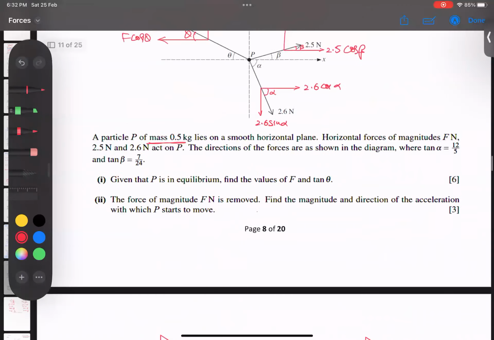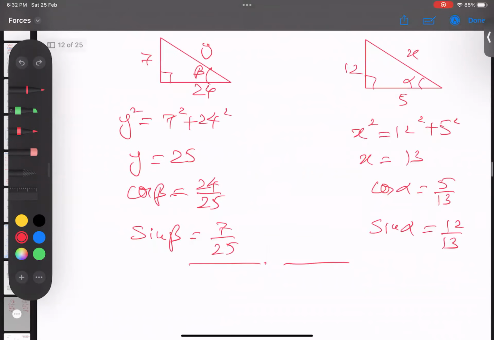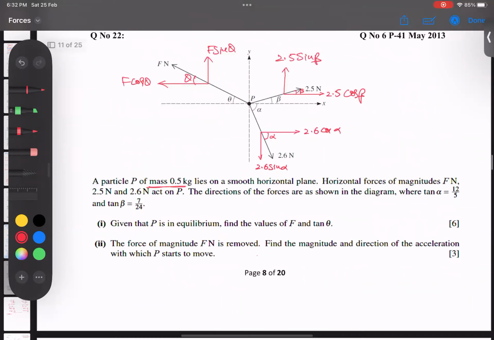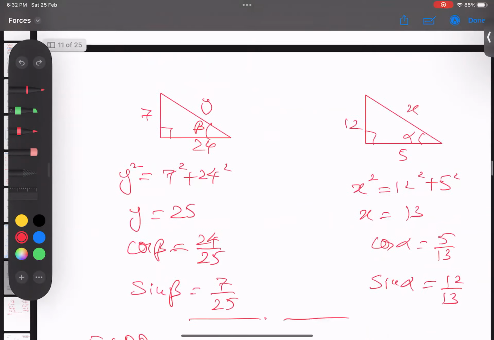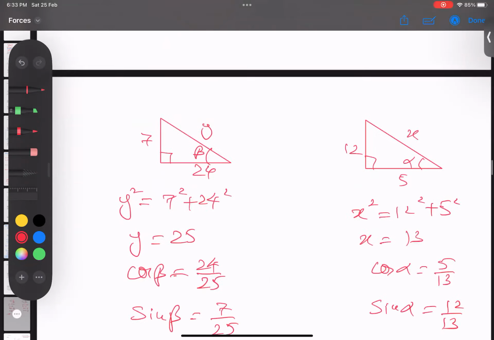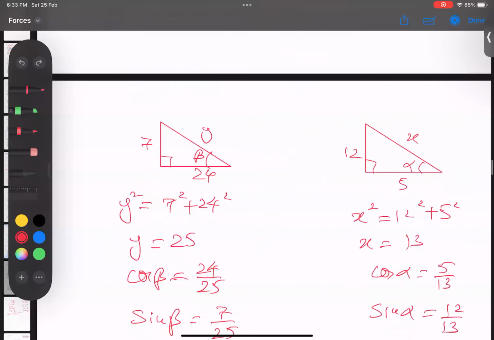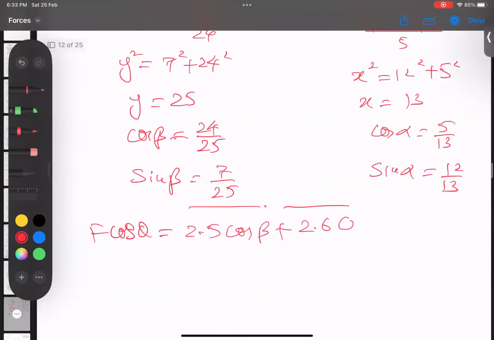Now I can do it easily because the system is in equilibrium. It means rightward forces equal leftward forces. So I can replace: F cos theta is equal to 2.5 cos beta plus 2.6 cos alpha.